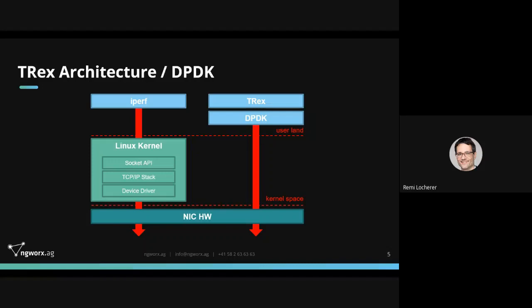So there's another reason why using DPDK and handling everything within my application makes the whole traffic generation faster. The reason is, if I go through the kernel, there's always a task switch.